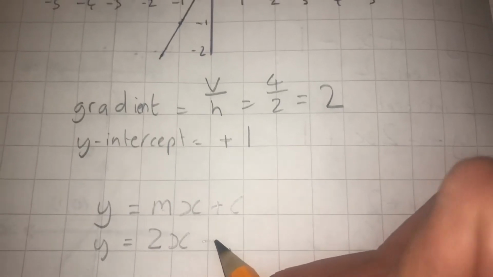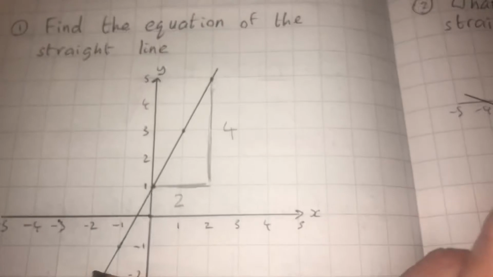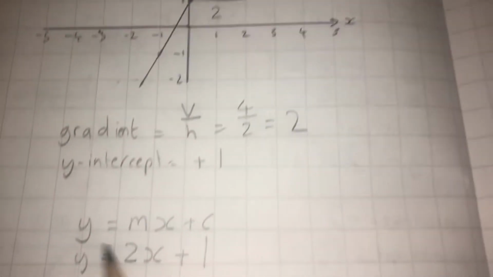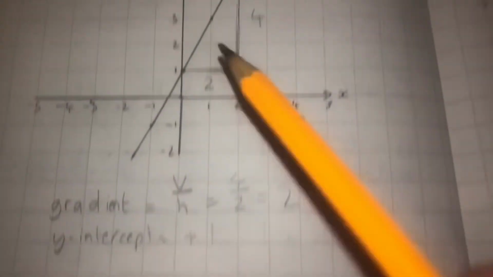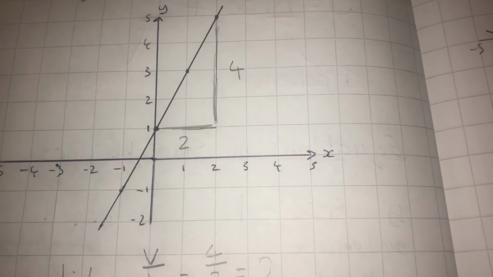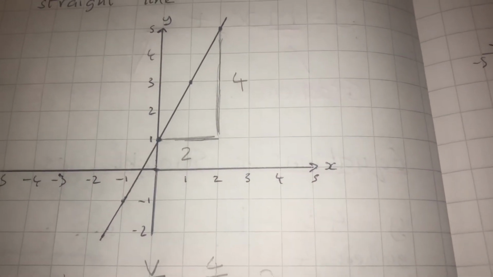So this line would have the equation y equals 2x plus 1. So again, if we are given the straight line on an xy axis drawn accurately like this, we can work out the equation of the straight line just by looking at it and doing, very simply, vertical over horizontal for the gradient and just reading off the y-axis for the y-intercept.